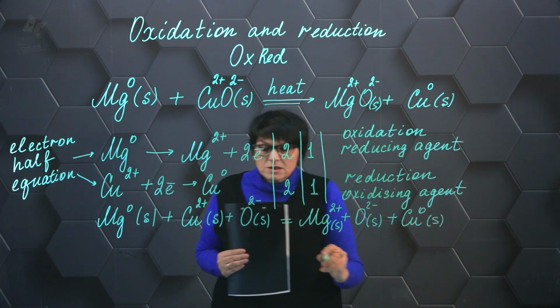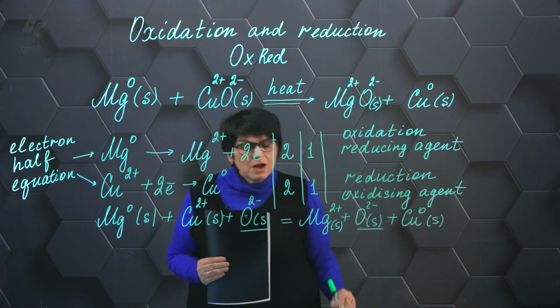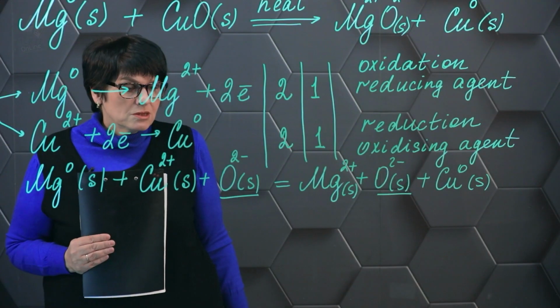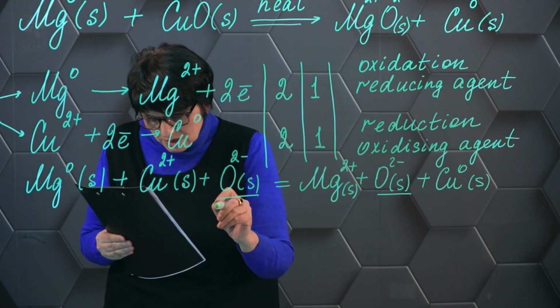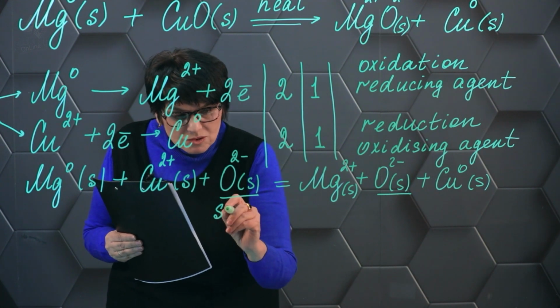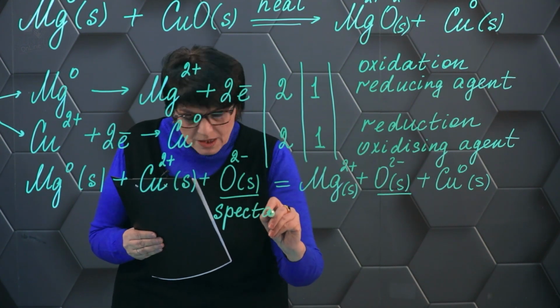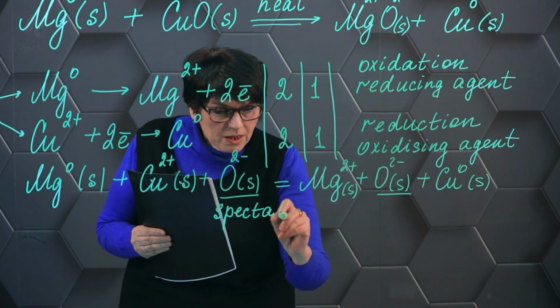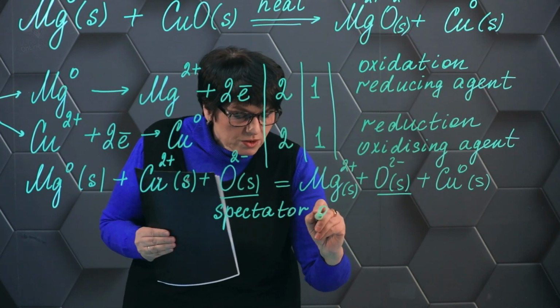Now let's see that in this connection, on the left and on the right, we have oxygen with a charge of 2-, which we can regard as similar. Such particles, which we can subsequently reduce, are called reducible particles, or like particles.